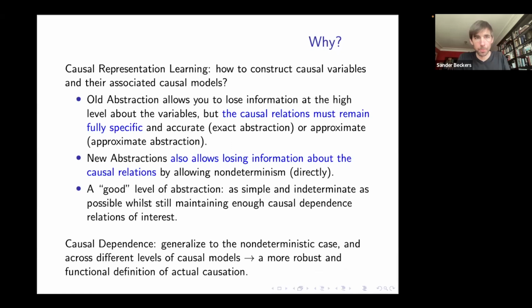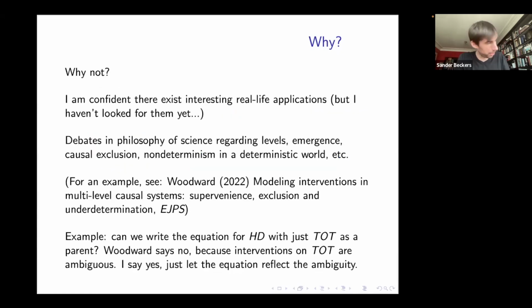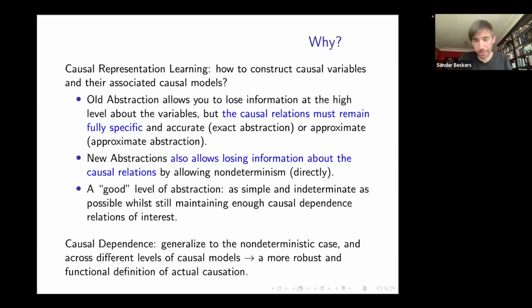So this is where, oh, sorry, I wasn't finished yet with motivating the topic, but I'll quickly say that I think it also matters for causal representation learning, namely that it might be useful in many cases to abstract away to a higher level, even if it comes at the expense of non-determinism. Because sometimes all the causal dependencies that we're interested in are still present at the high level, and some other relations might be non-deterministic, who cares?